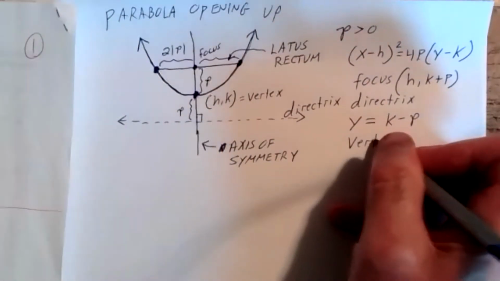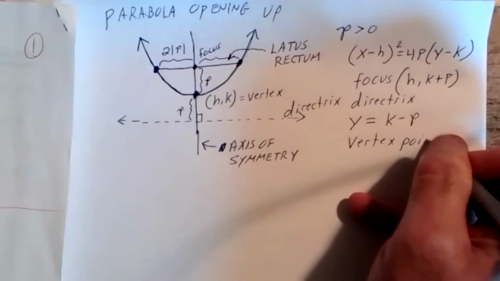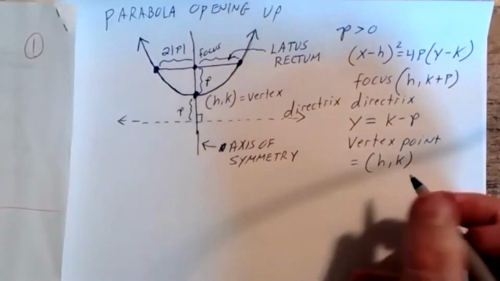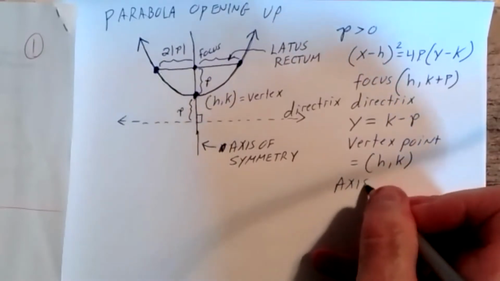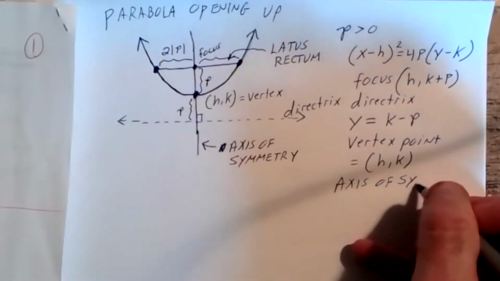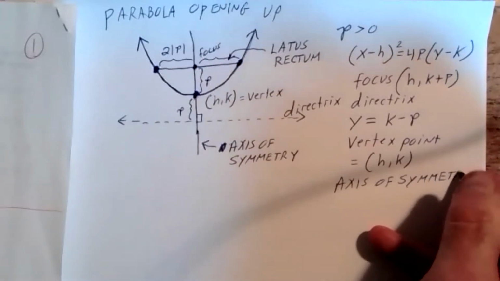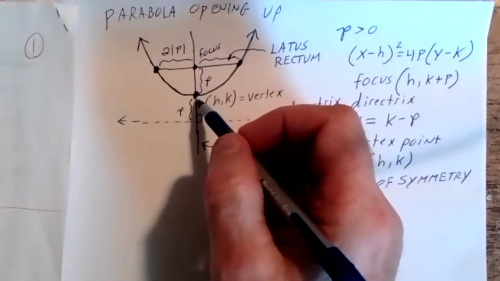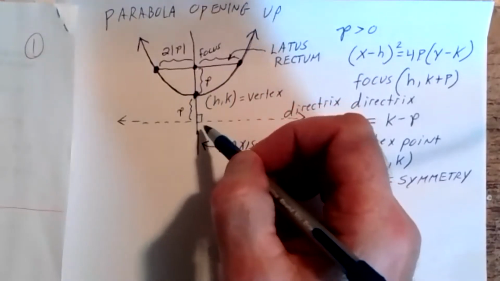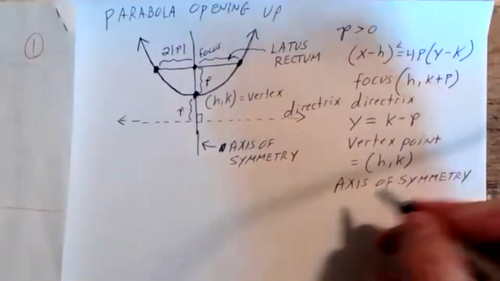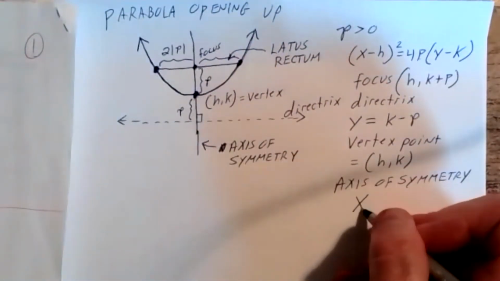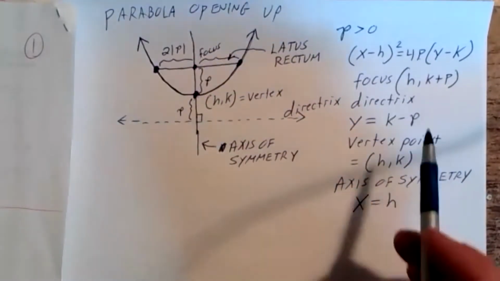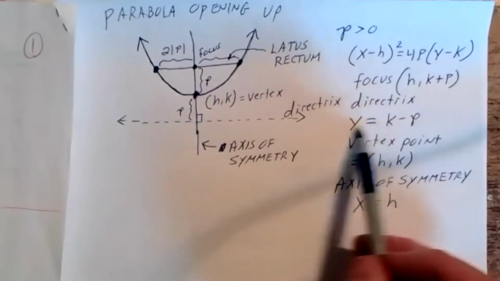The vertex point would be the ordered pair (h, k). The axis of symmetry is this vertical line that contains the focal point and the vertex point and is perpendicular, or orthogonal, to the directrix. The axis of symmetry has the equation x equals h. It's a vertical line. Notice the directrix is a horizontal line.